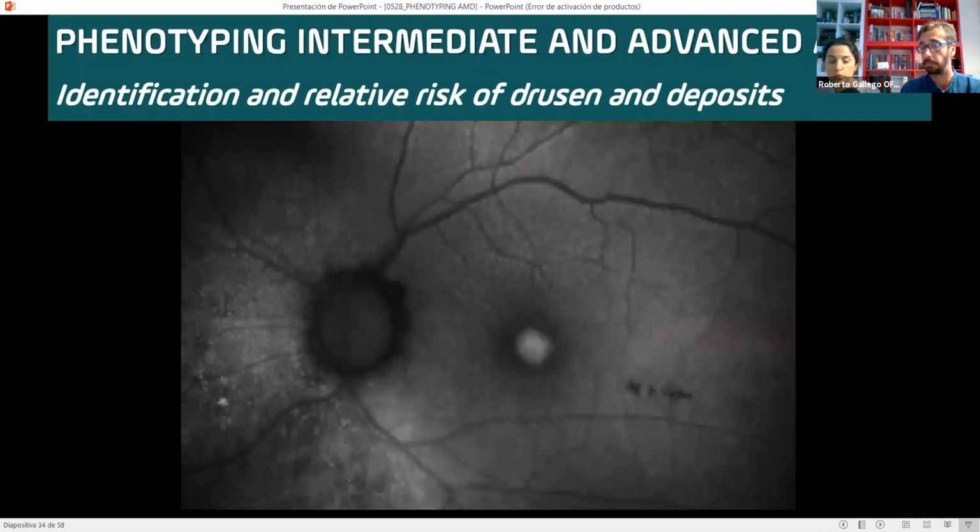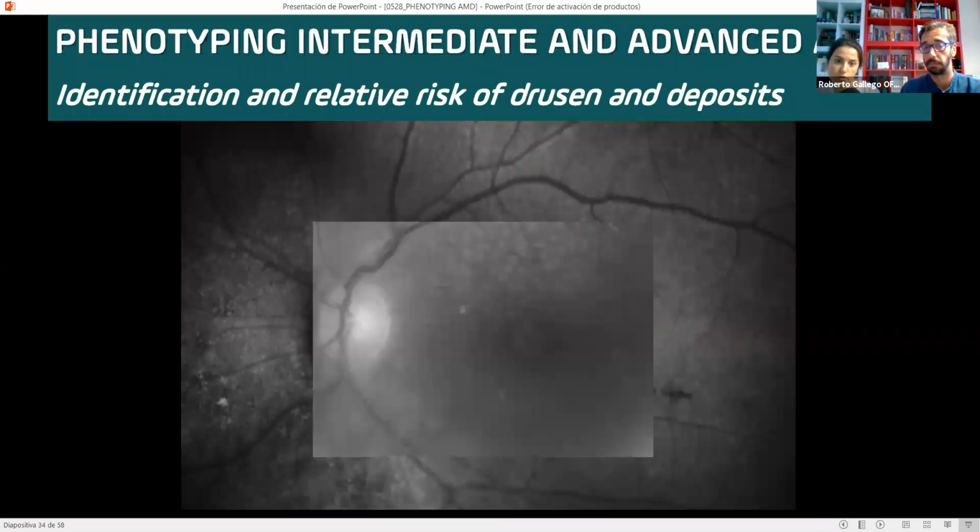Well, the blue filter is useful to differentiate these kind of images compared to subretinal fibrosis. In the subretinal fibrosis, you will see hyperreflective or bright structures. With the blue filter, the acquired vitelliform lesion is filtered, so you see a little bit of disappearance or vanishing of the lesion. Got it.